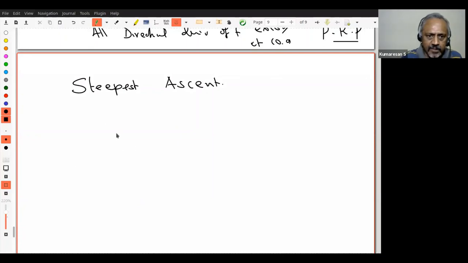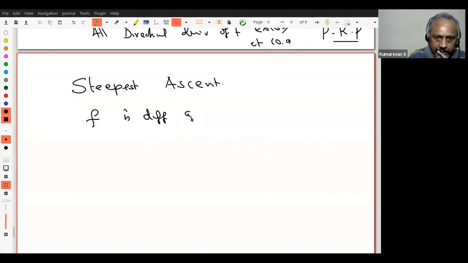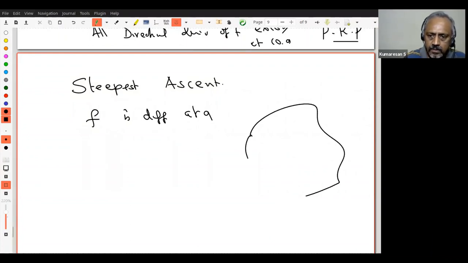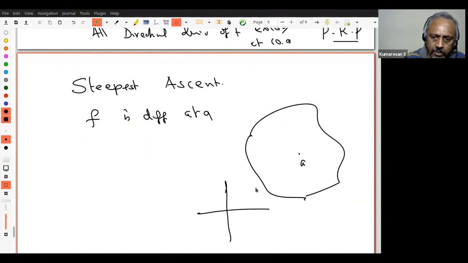Now suppose f is differentiable at a. And this is my a. Now I want to know, there are many directions through a, right?